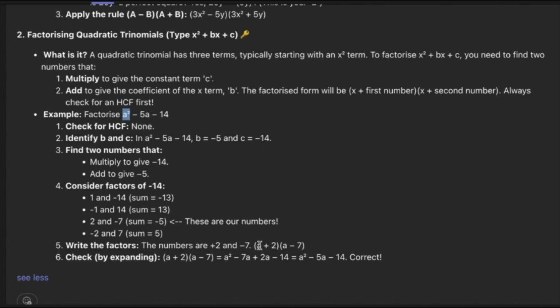Outer, we use FOIL. A times minus 7 is minus 7a. Inner, a times positive 2 is positive 2a. Minus 7a plus 2a gives us minus 5a. And then last times last, positive 2 times negative 7 gives us minus 14.